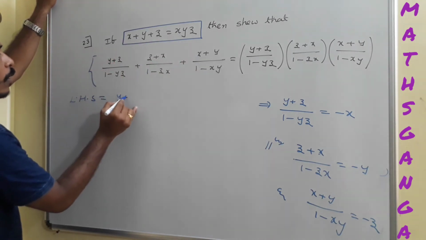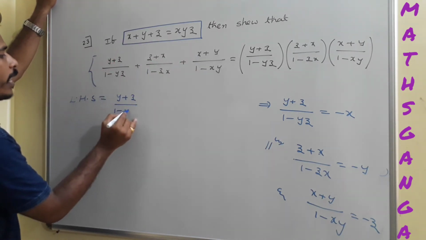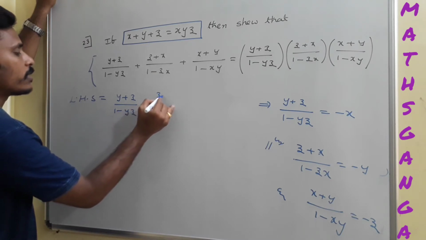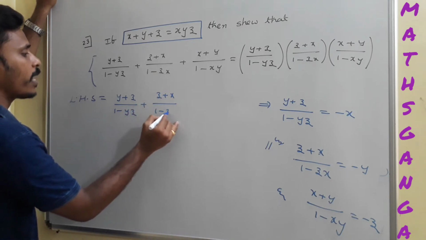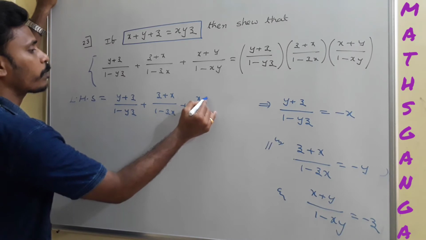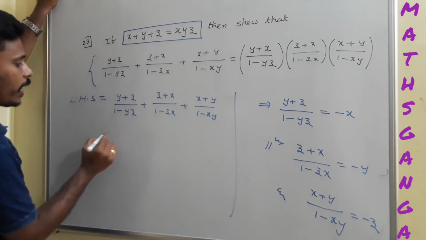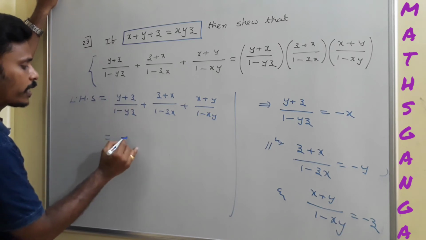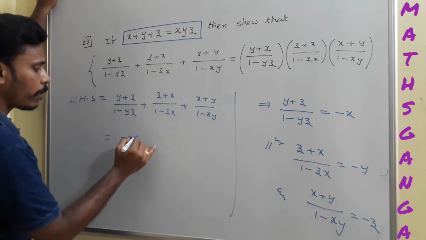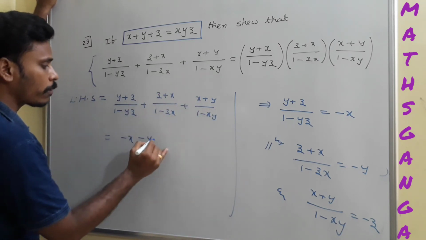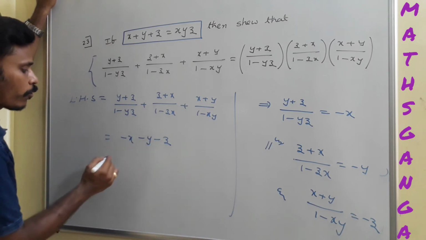What is that? y plus z by 1 minus yz plus z plus x by 1 minus zx plus x plus y by 1 minus xy is the left side. And that is equal to, this is nothing but minus x, this is nothing but minus y, this is nothing but minus z. You just take the minus common.